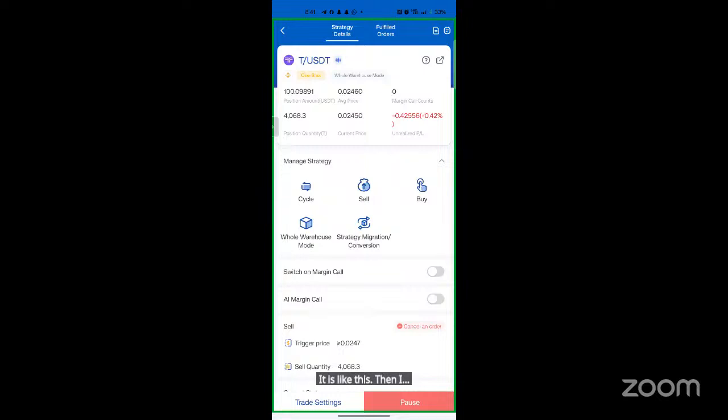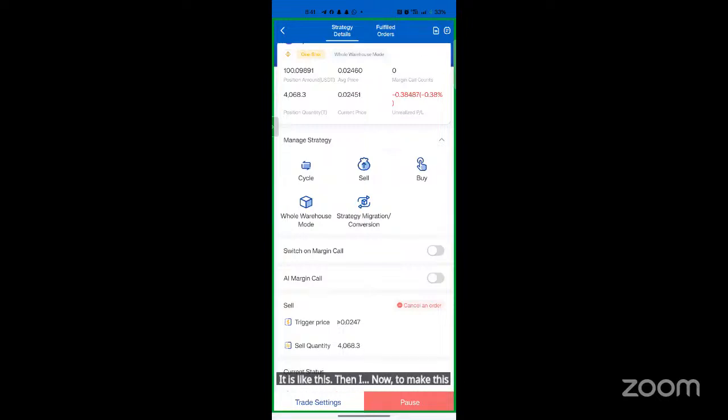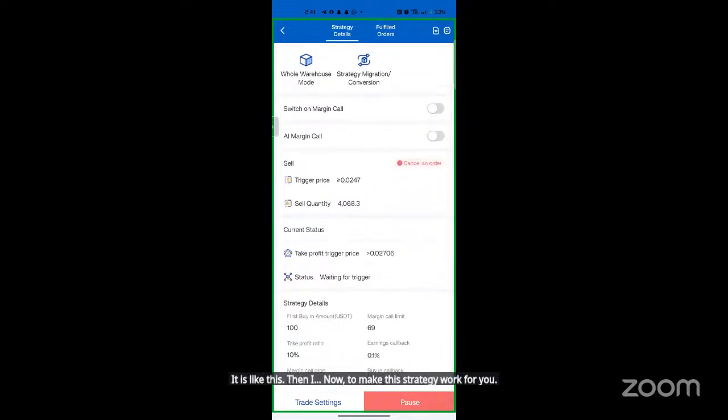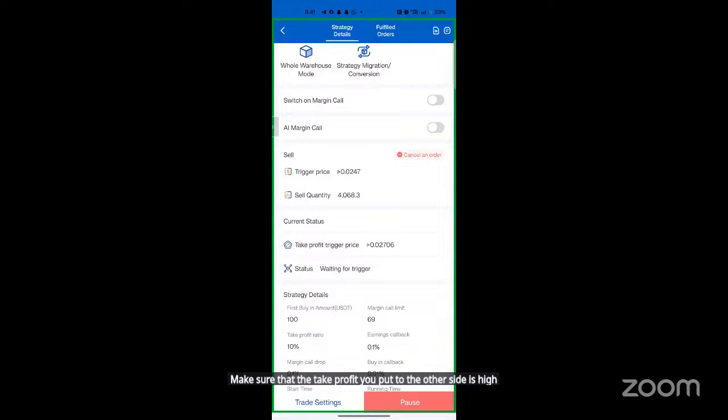It is like this. Then I confirm. Now, to make this strategy work for you, make sure that the take profit you put on the other side is high. My point clear?